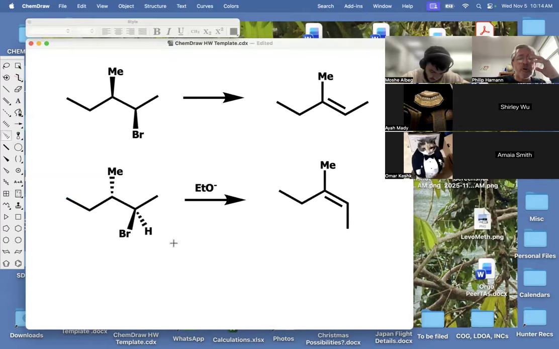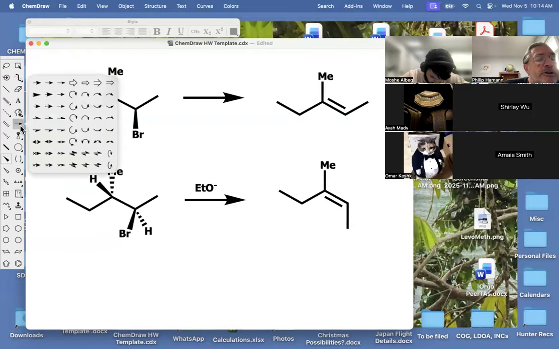So I want to rotate it so the bromine is aligned correctly to this hydrogen. Okay? So if I rotate around this bond, let me see, how do I draw this?